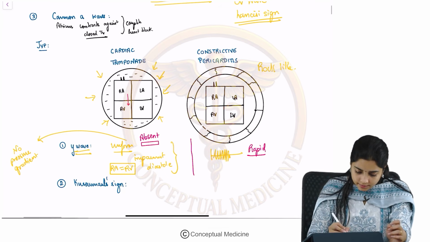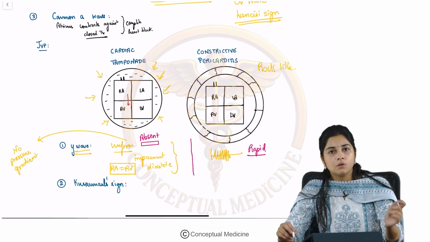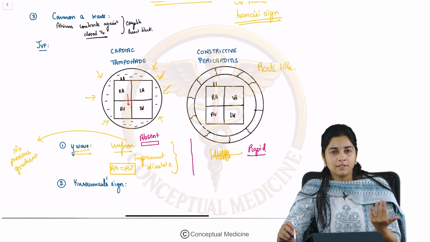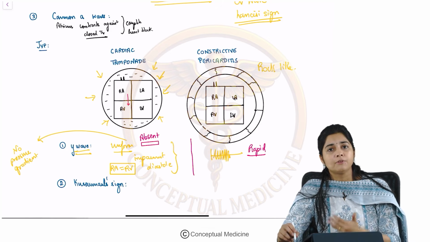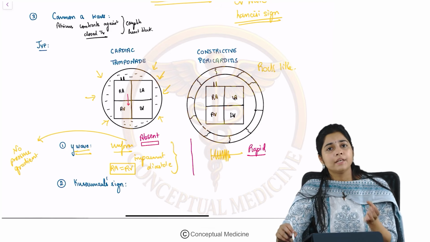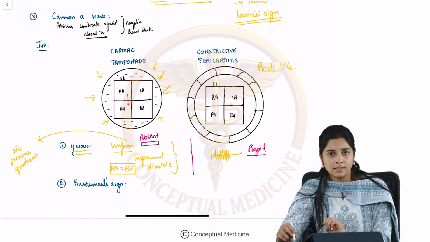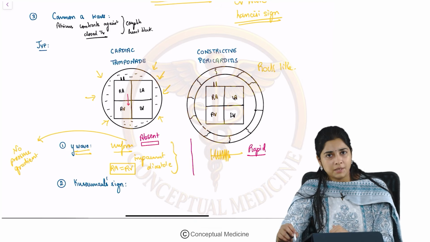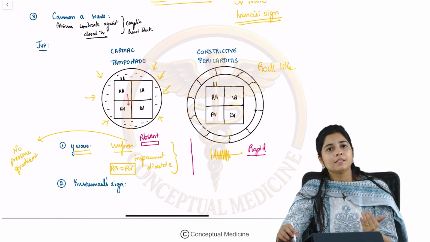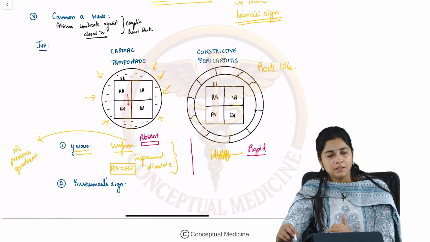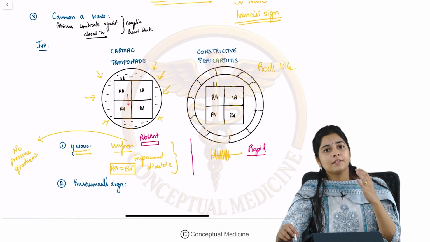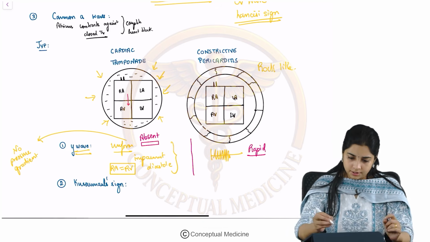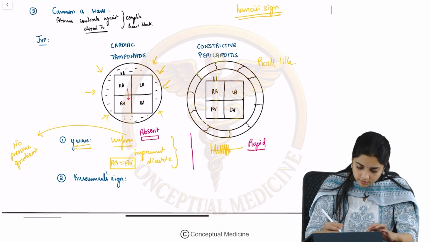Okay, now what is this Kussmaul sign? So normally in the jugular venous pressure, as we had mentioned before, jugular venous pressure varies according to inspiration and expiration. So when you inspire, there is an increased venous return to the heart and there is an inspiratory fall in the jugular venous pressure. So this is what is normal.